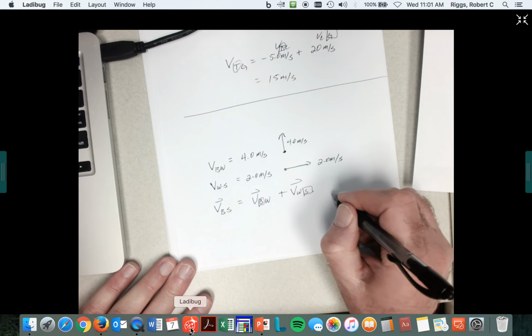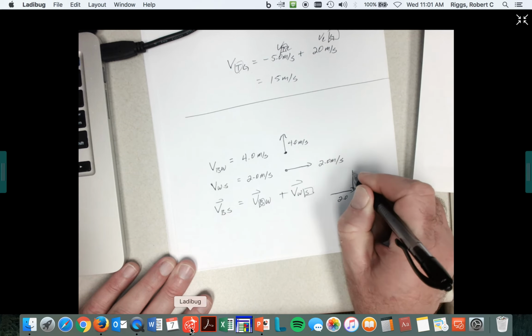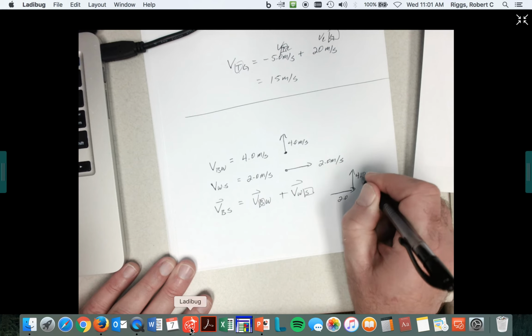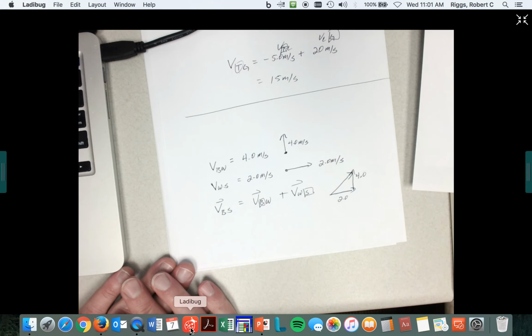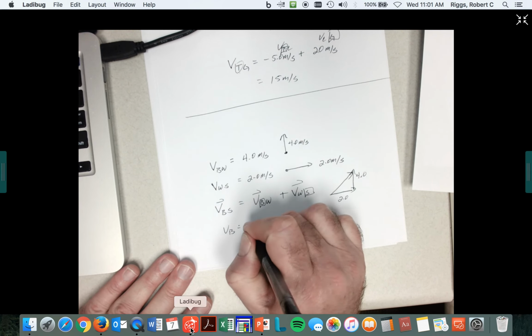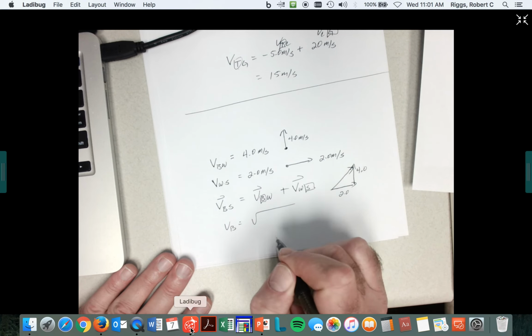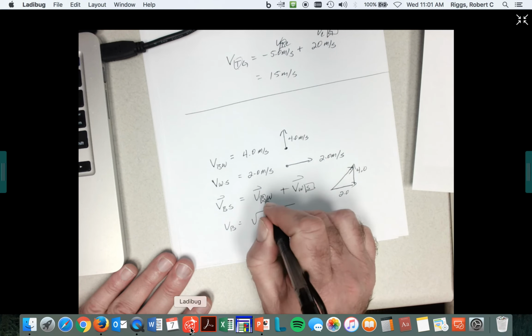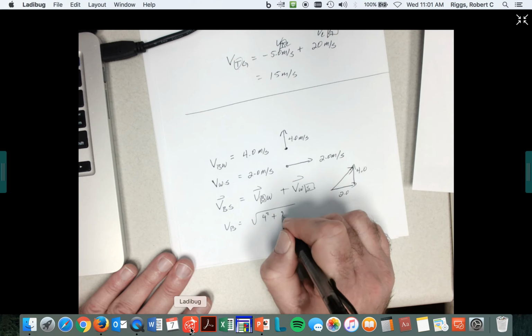So when I add the 2 plus the 4, I get this vector. That's the speed. So VBS then becomes the square root of 4 squared, well, that's my y, plus 2 squared.